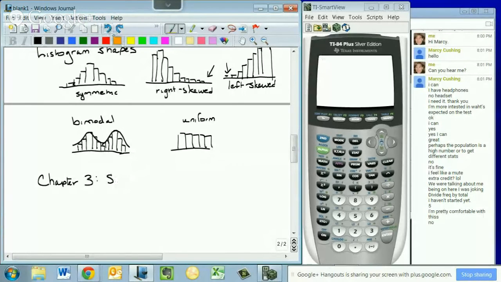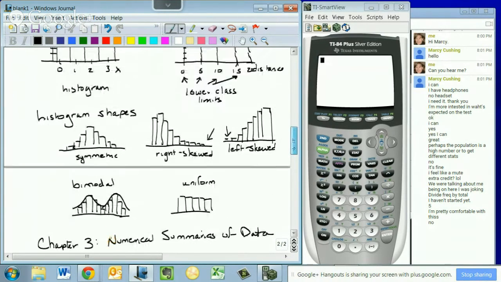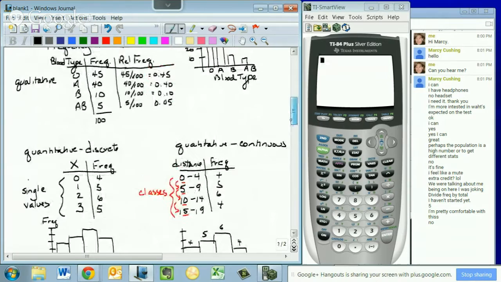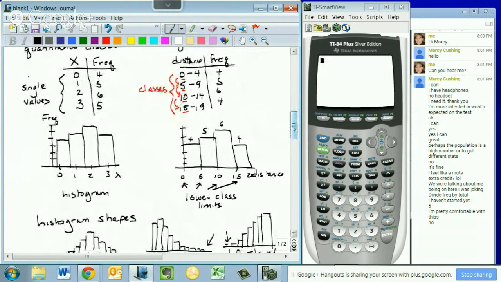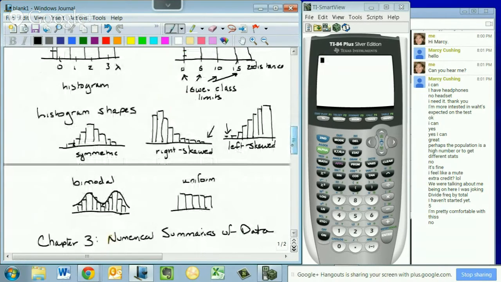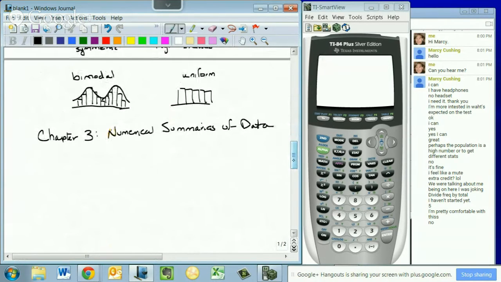Numerical summaries of data. Okay, so once you've collected your data, you've organized it into a table, represented it by some sort of graph or some sort of display, you can go ahead and calculate some numerical summaries.